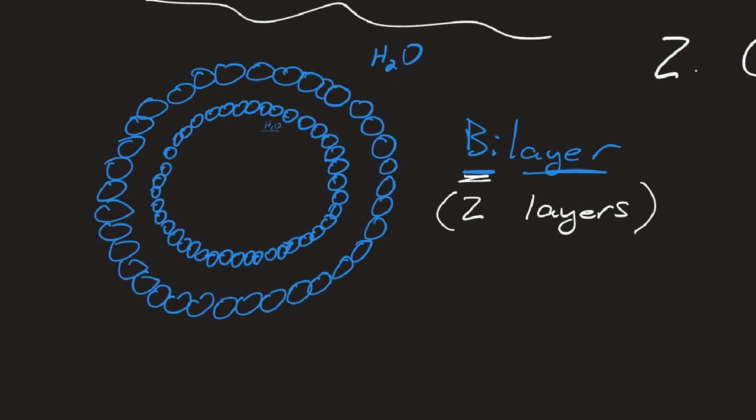What's in between these two sides? Hydrophobic. They don't like water. Now everybody's happy. The hydrophobic side of the phospholipid gets to hang out with the hydrophobic sides. The hydrophilic sides get to hang out with the hydrophilic sides. Now everybody's happy.